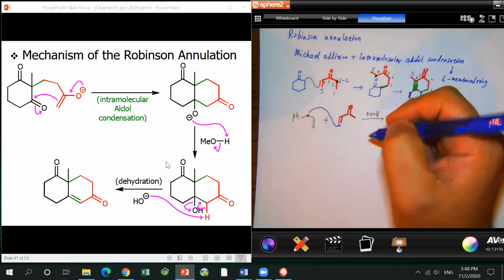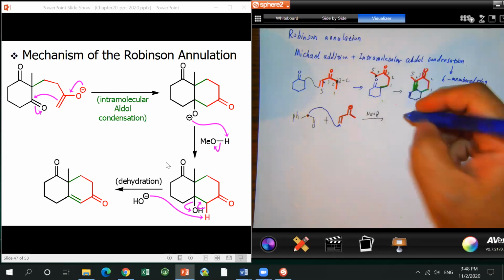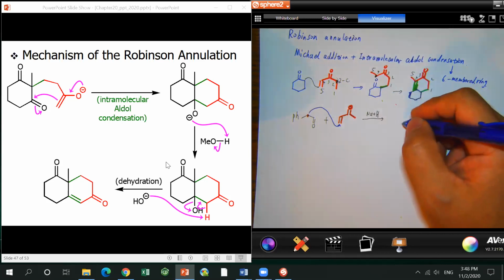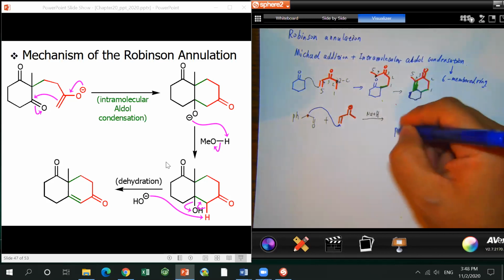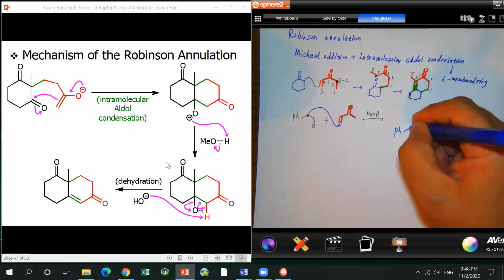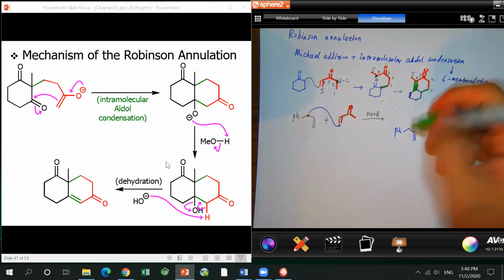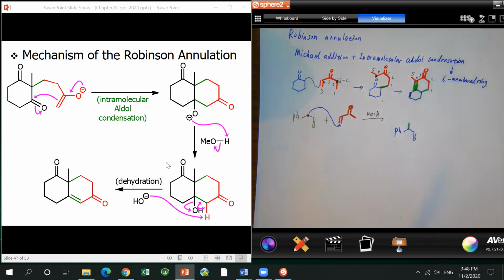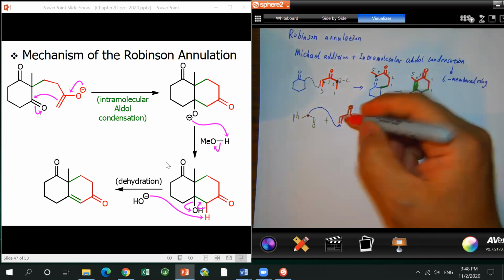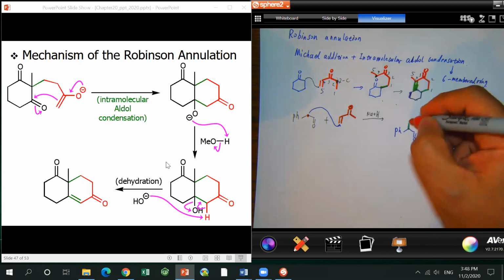It attacks this carbonyl carbon first. And once the reaction is done, okay, that's the new bond position. And then this one becomes saturated, okay.